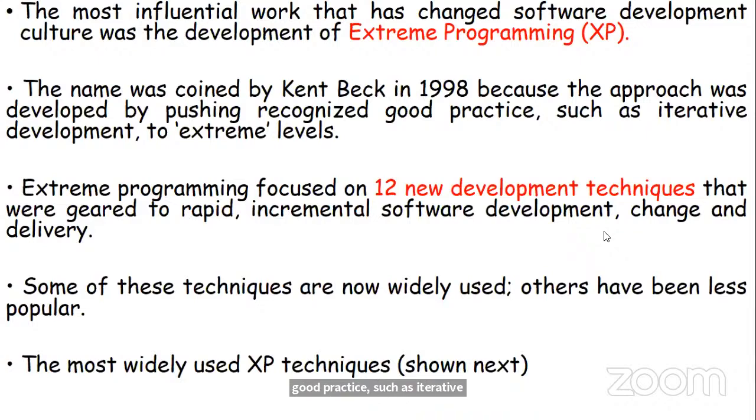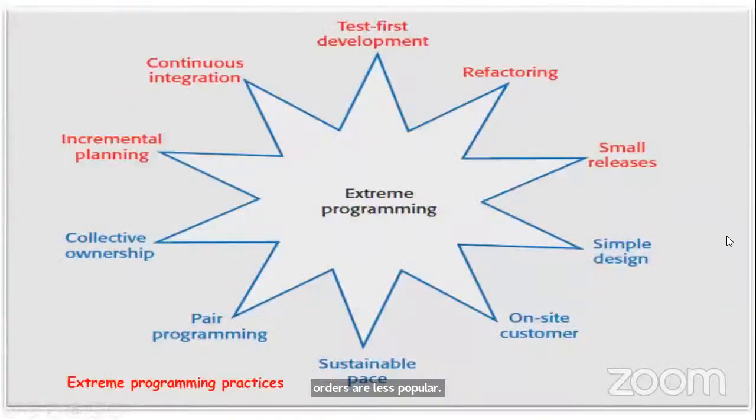Extreme programming focused on 12 new development techniques that were geared to rapid incremental software development, change, and delivery. Some of these techniques are now widely used. Others are less popular. The most widely used XP techniques are shown.